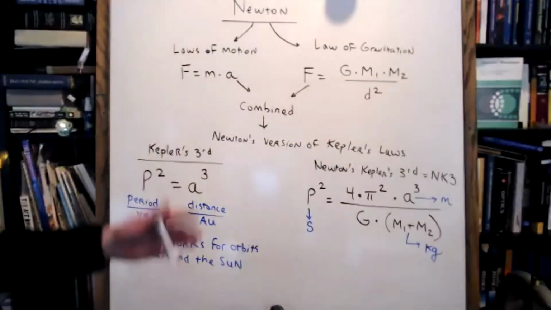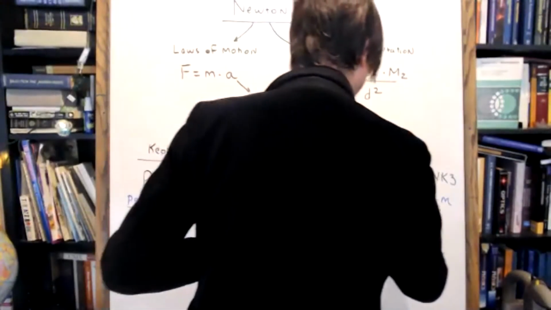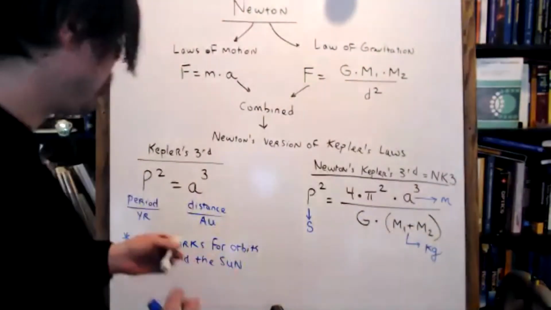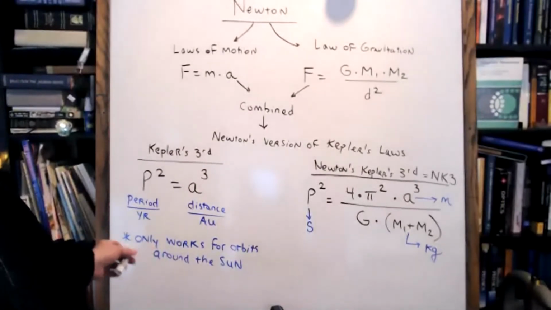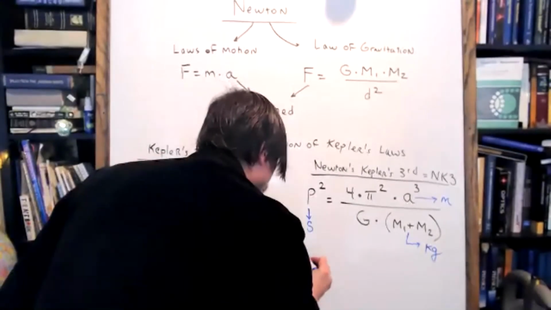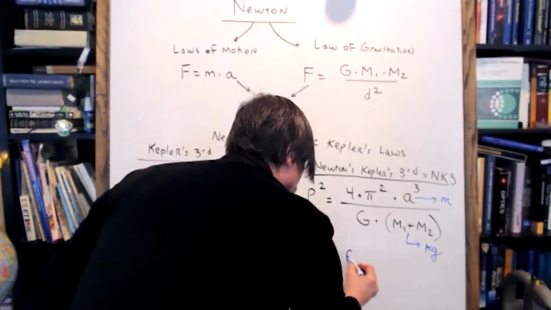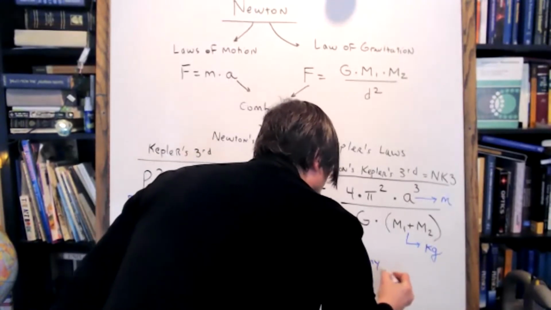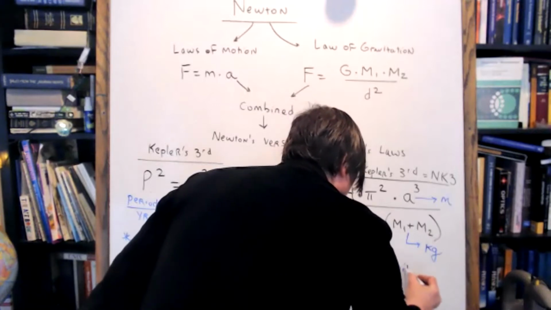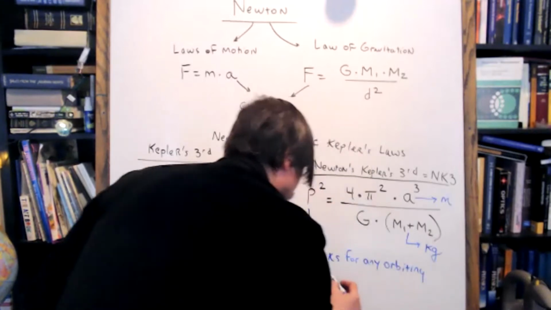The importance of the Newtonian version of this equation, it's definitely an improvement because unlike Kepler, which only works for planets going around the sun, this works for any orbiting masses.